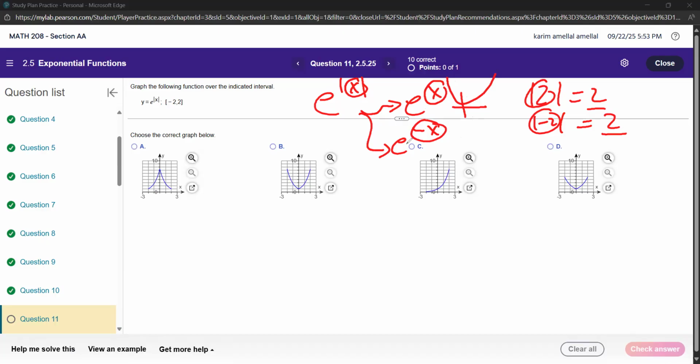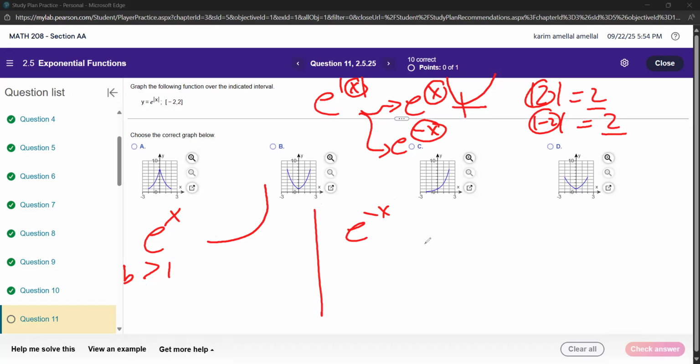Why? Let's consider it. E power x: e is 2.17, whatever. So e is a number greater than 1. And in the exponential function, if b, the base of power x, is greater than 1, it's exponential growth. That's one. E power negative x, let's imagine it.